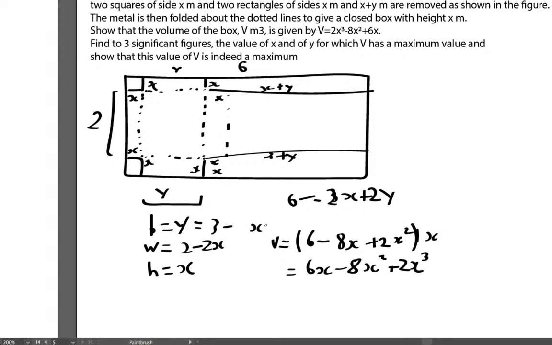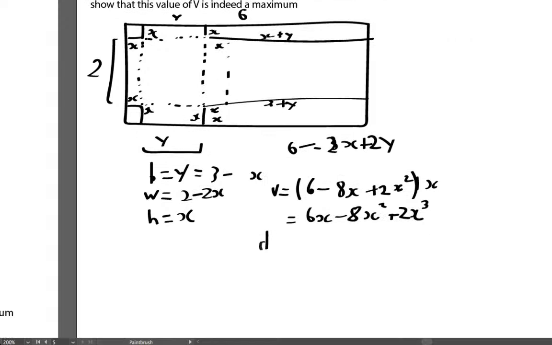And so now we just need to find out what the x and the y are. So first, we can take the dV over dx. This would equal 6 minus 16x plus 6x squared.